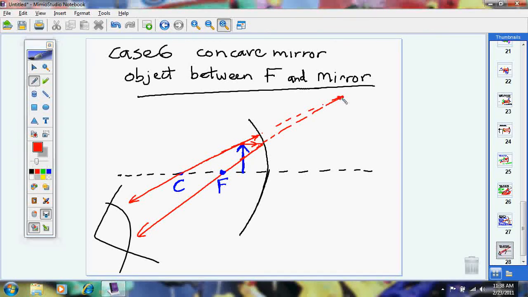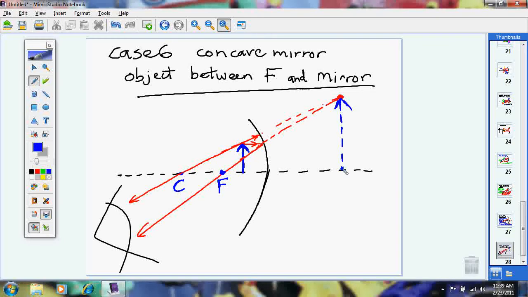And where they intersect, that's where my eye would think the light came from. The light really came from the object's head, and my eye would think that the light came from here. Since there really is no light behind the mirror, I draw the image with a dotted line.